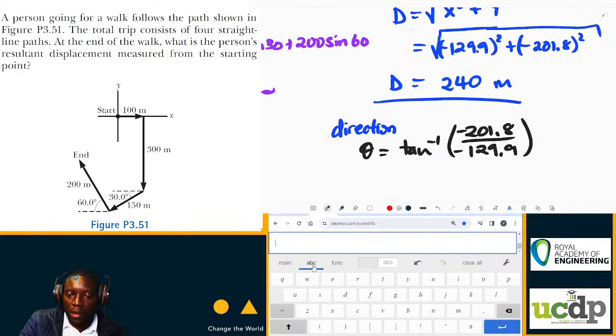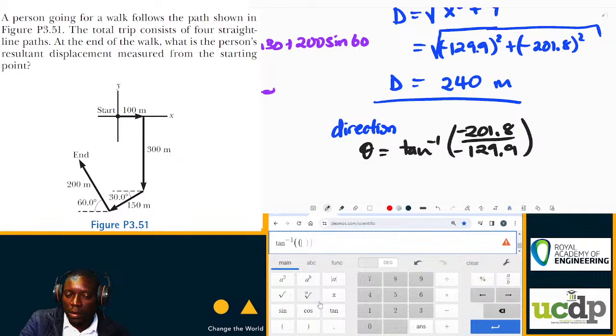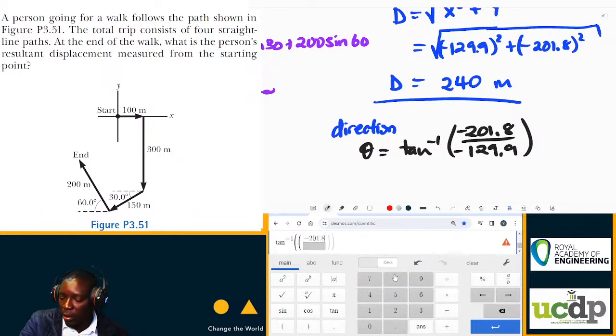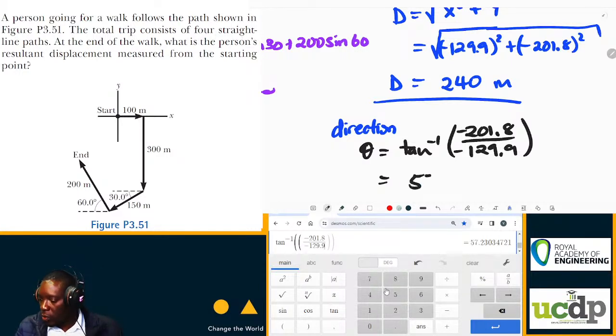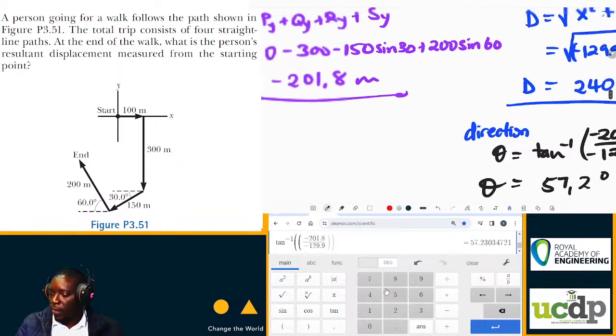That gives 57.2. So theta proves to be 57.2 degrees, right?